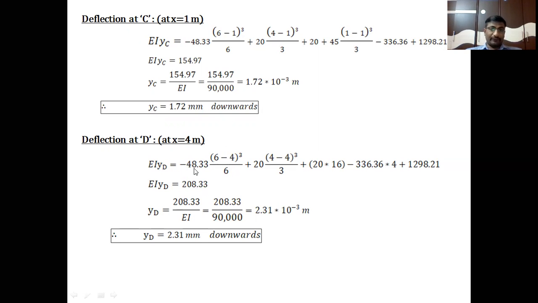So EI YD equal to minus 48.33 into 6 minus 4 whole cube by 6, plus 20 into 4 minus 4 whole cube by 3, plus 20 into x square is there. Here 20 into 1 square was 20 only. Now 20 into 4 square is 16, 20 into 16. At this place, if you substitute 4 meters, 1 minus 4 is a negative term. Therefore, this term can be neglected. Directly, I am writing this value: 336.36 into x is there, 336.36 into 4 plus 1298.21.